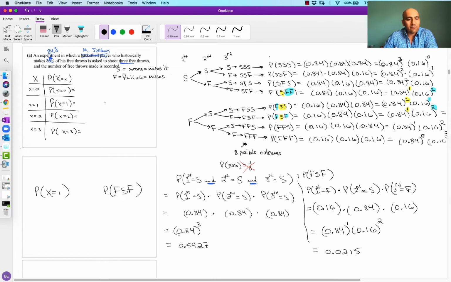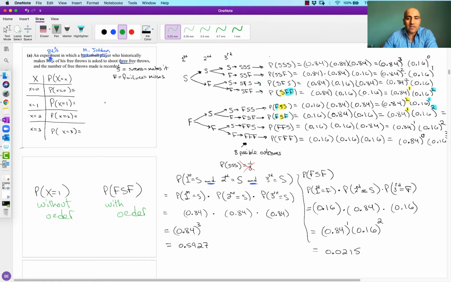He fails the first one, he makes the second one, he fails the third one. So this is with order, and this is without order. We just want to know the likelihood he makes 1 out of the 3, not in a particular order. This is one case of that, but there are other cases where he might only make 1. What if he only makes the third one and misses the first 2? Or maybe he only makes the first one and misses the other 2.